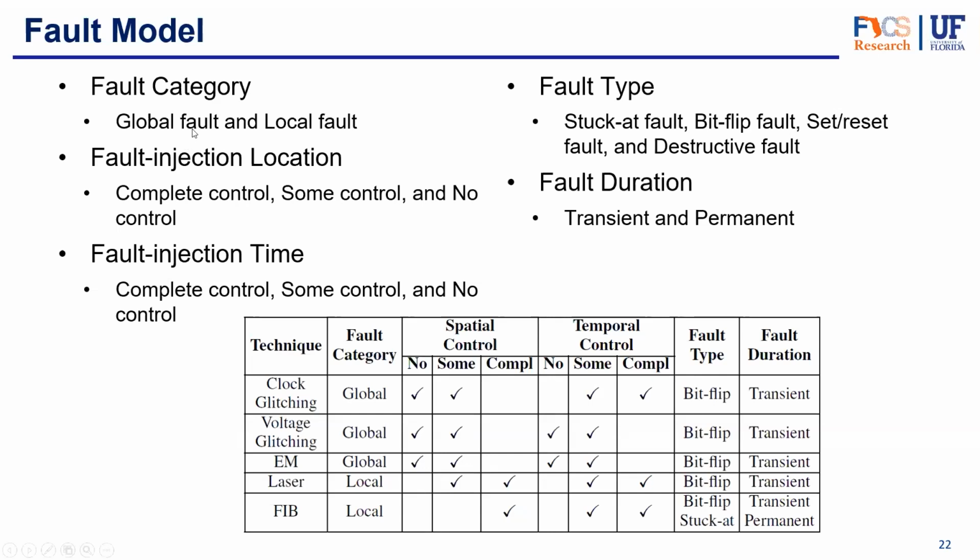We talked about how global faults can be like clock glitching, or local faults can be like laser beams. And in terms of locations, we have complete control. For example, for clock glitching, we do not have control over location and time, and so on and so forth.